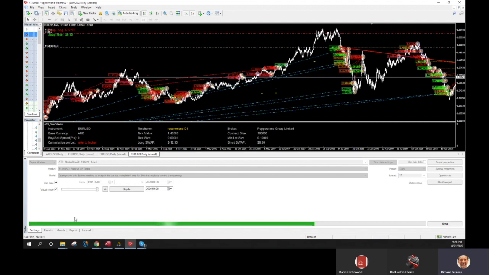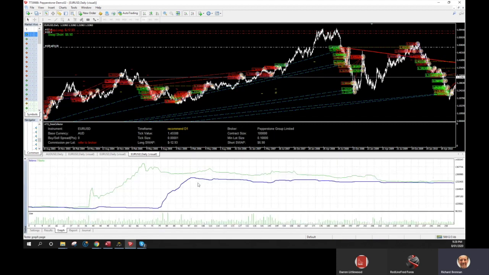But that's reflected in the graph here, where you can see how our realized equity gets to, in this case, we're almost up to $435,000 here, but we're prepared to sacrifice that to a degree. But we can see that our drawdowns aren't significant. So our drawdowns are based off our floating equity as opposed to our realized equity.